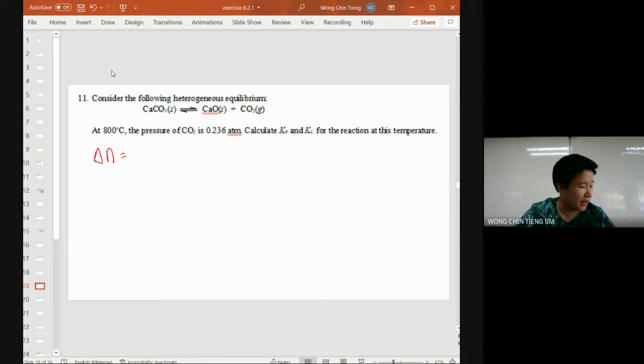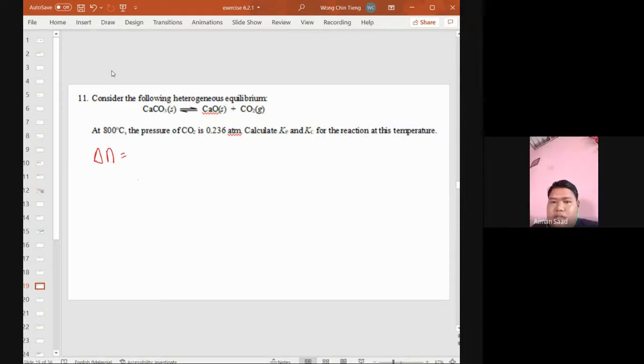Aiman Saad, I want delta N. 1. Berapa? Kenapa 1? Berapa tolak berapa? Dua. 1 tolak 1. Kosong.